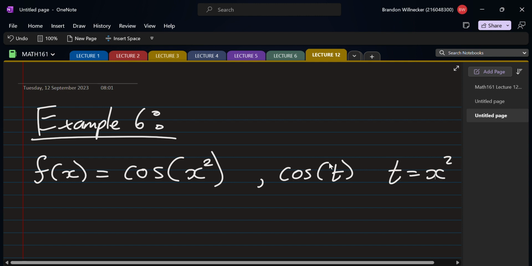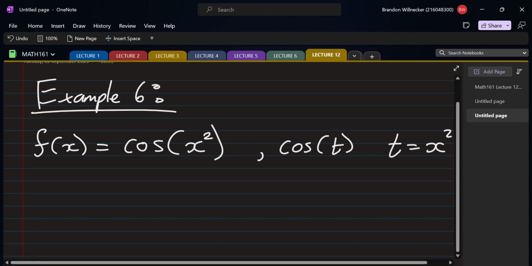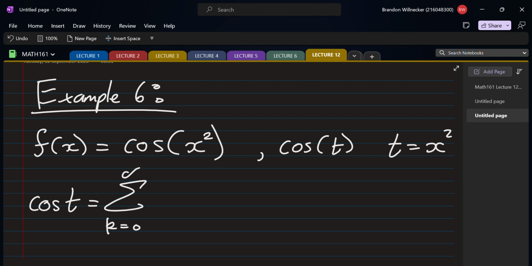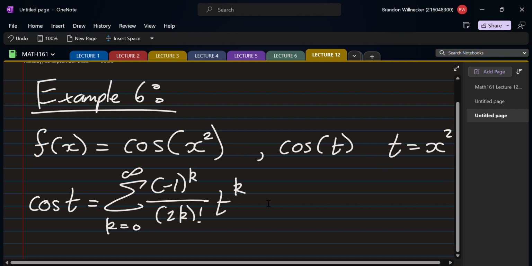This will allow us to find the Taylor series for cos of t, and then just substitute t is equal to x squared. It makes it quite a bit easier to do. So cos of t, we know this one already. That's going to be the sum from k equals 0 to infinity minus 1 to the k over 2k factorial. Here we're going to have t to the 2k because it's in terms of t.